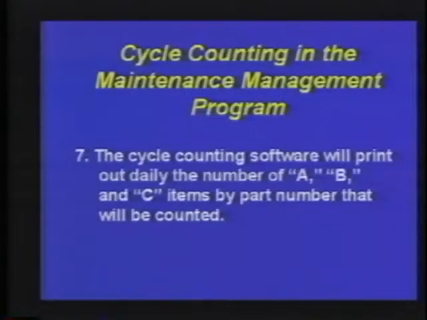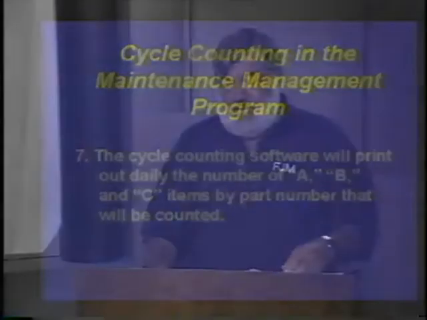Those 4 functions are identified in step number 6. Then the cycle count program, and it's referred to as the software, will daily provide so many A, B, and C items. Now we have a little illustration that we're going to go through to show you how you could determine what the workload is going to be relative to the cycle count program.